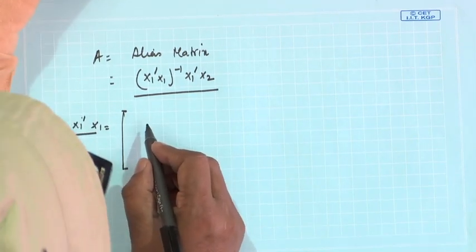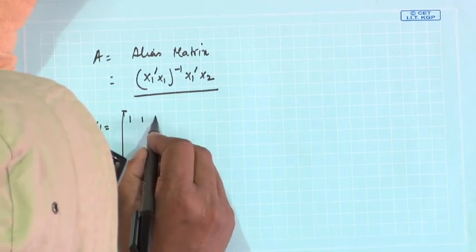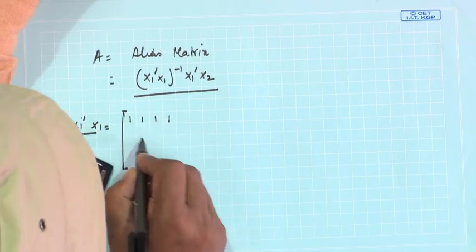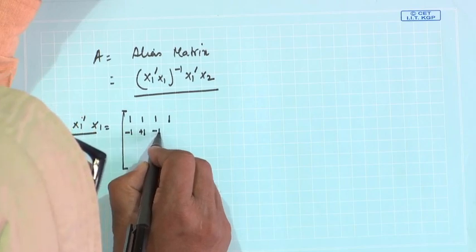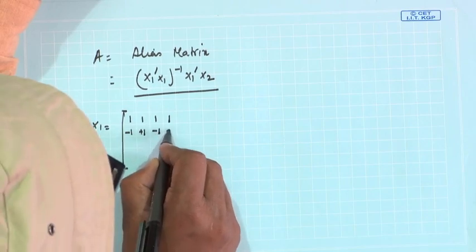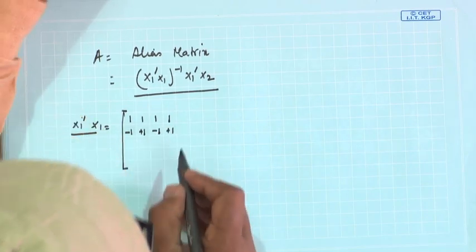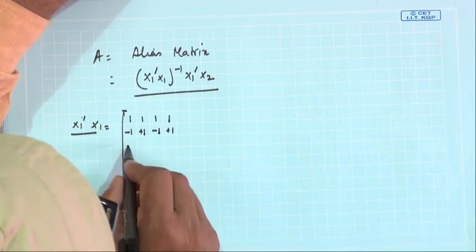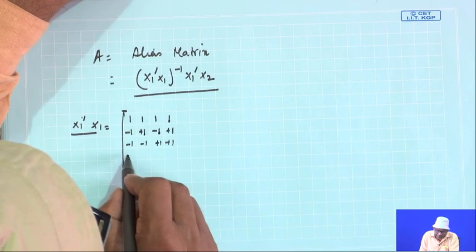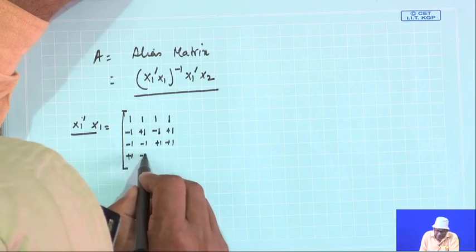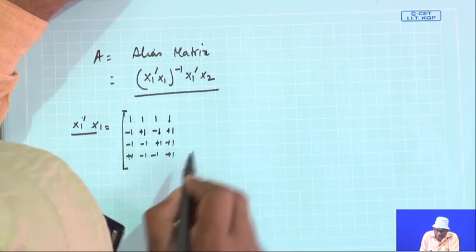So, we can write 1 1 1 1, minus 1 plus 1 minus 1 plus 1, 1 1 1 1, minus 1 plus 1 minus 1 plus 1, minus 1 minus 1 plus 1 plus 1, then plus 1 minus 1 minus 1 plus 1.